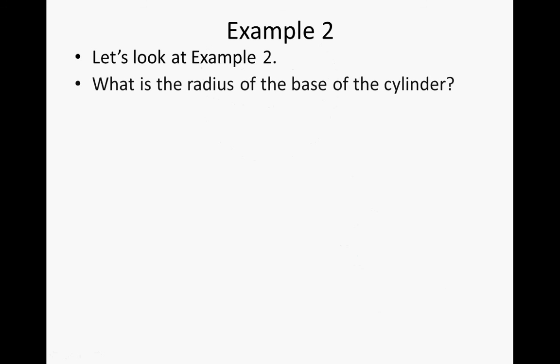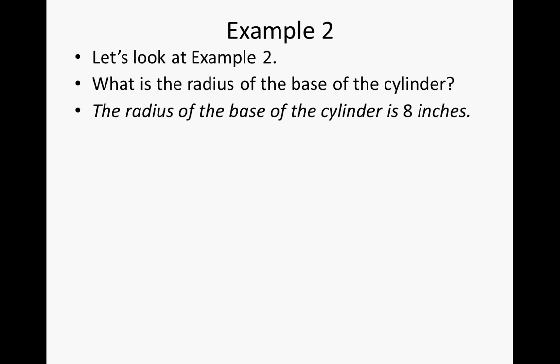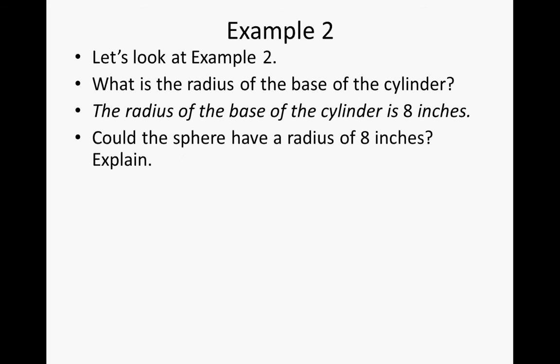Example 2. Let's take a look at it. What is the radius of the base of the cylinder? I'm not going to copy the question for example 2, so you're going to have to refer to your lesson worksheet. The radius of the base of the cylinder is 8 inches. Could the sphere have a radius of 8 inches?